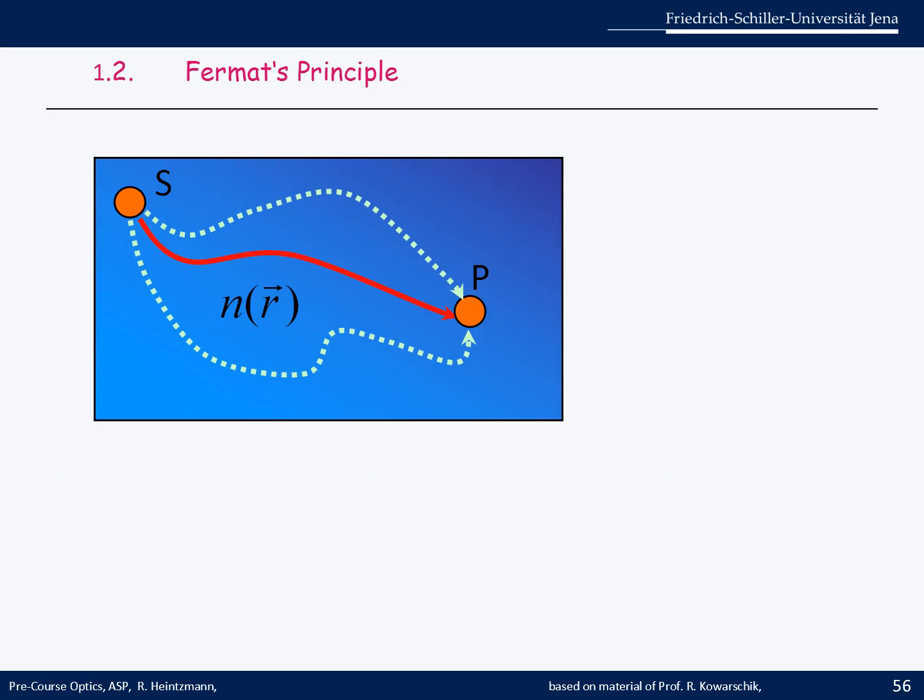This graphical picture shows what is meant by that statement. Out of all the possible ways, if light could travel this way and this way and this way, it takes the shortest path. And of course, in a homogeneous medium, that would simply mean connecting the two points by a straight line. That explains why light seems to travel along a straight line, and that forms the basis of geometrical optics.